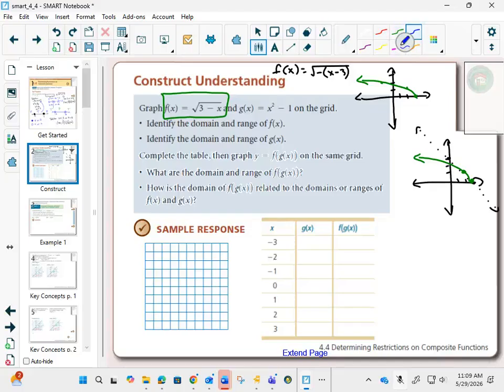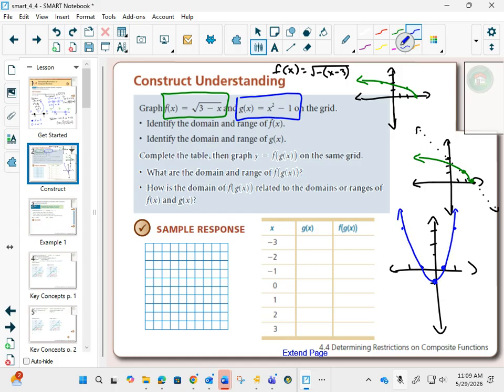Then also, this one's a little bit easier. In blue, my blue graph, I'm going to go a parabola shifted down 1. So this one. So the first thing, it says domain and range of my green graph.